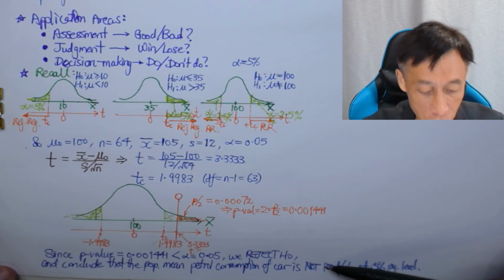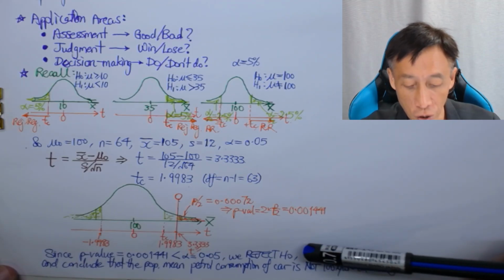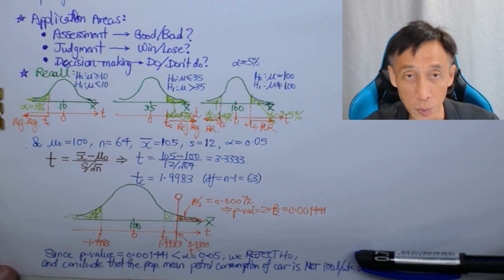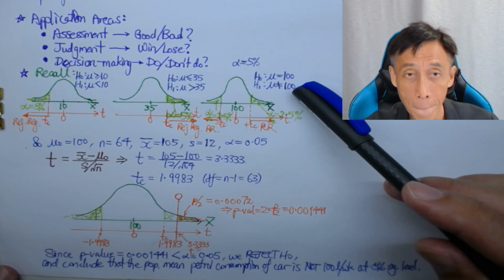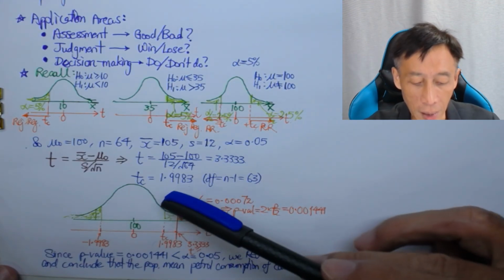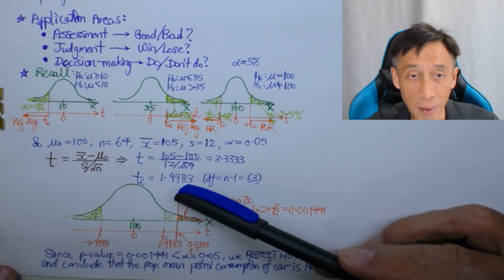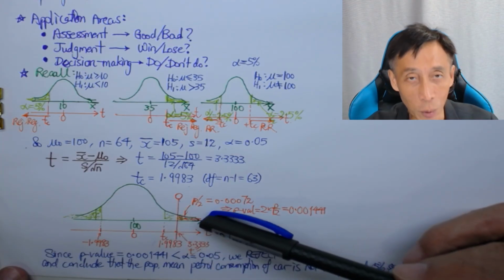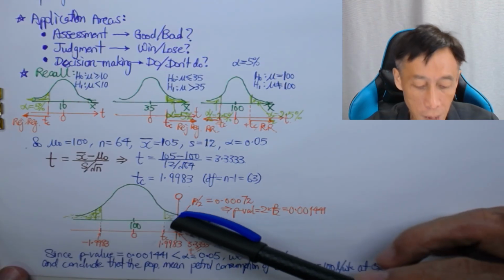Now, when we say not, we got to mean that. We cannot change it to is less than 100 or more than 100 liters per week because that's not what H1 is saying. From here, there is an indication that likely the population mean petrol consumption is higher than 100. But you cannot draw conclusion from here. Why?